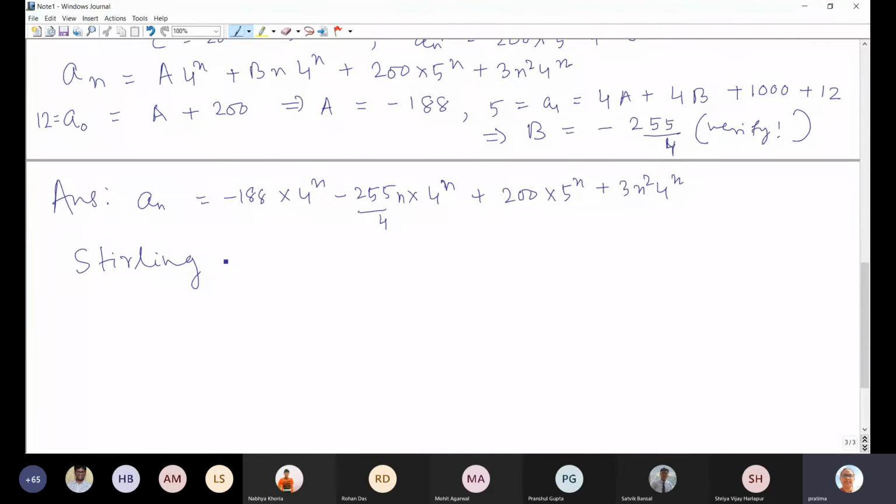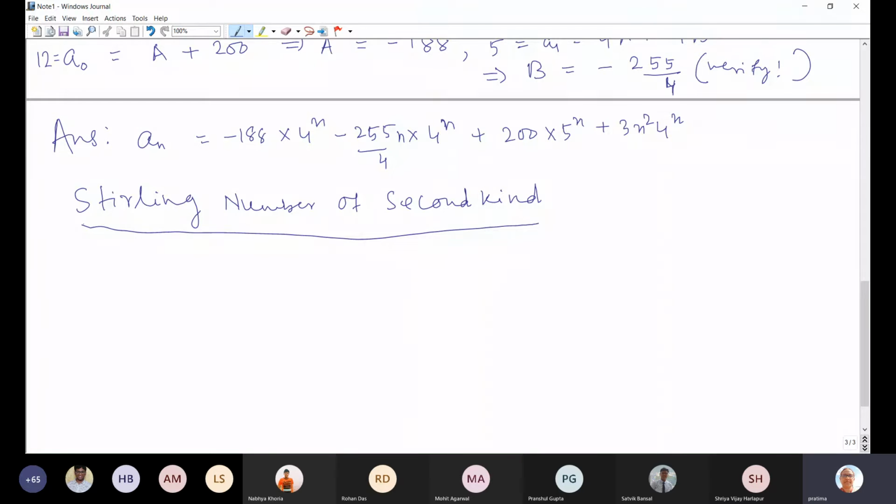First we shall discuss Stirling number of second kind. Second kind is there means first kind will also be there.